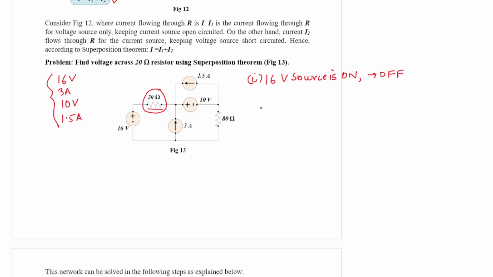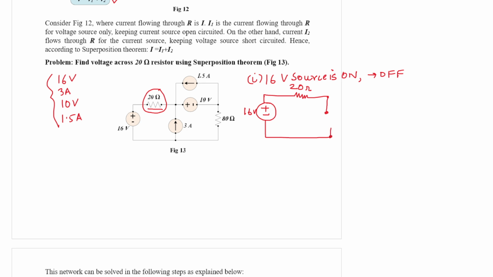So let us draw the circuit diagram again. We have a 16 volt source, then we have a 20 ohm resistor. Now, as far as the 3 ampere and 1.5 ampere sources are concerned, how can they be deactivated?